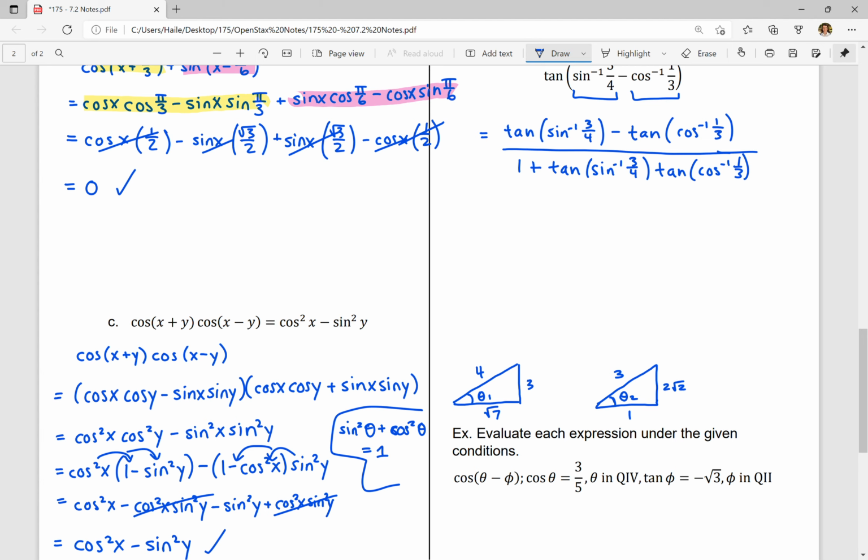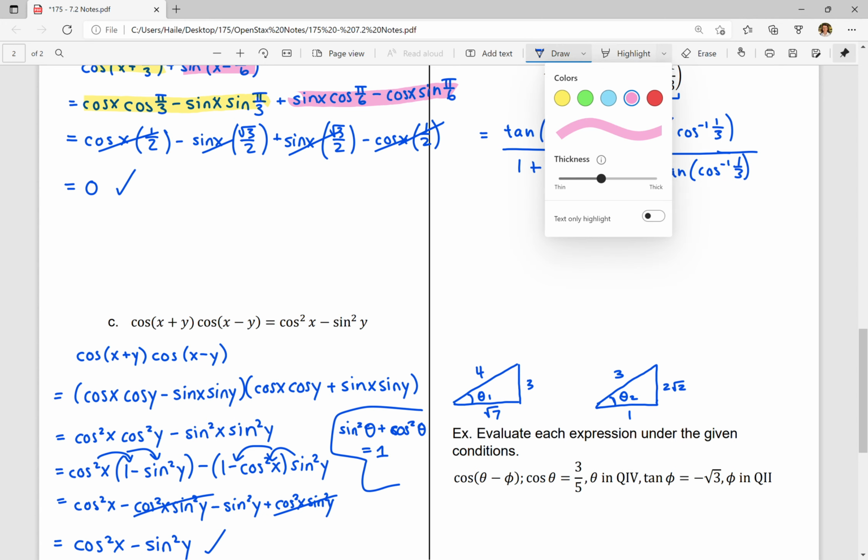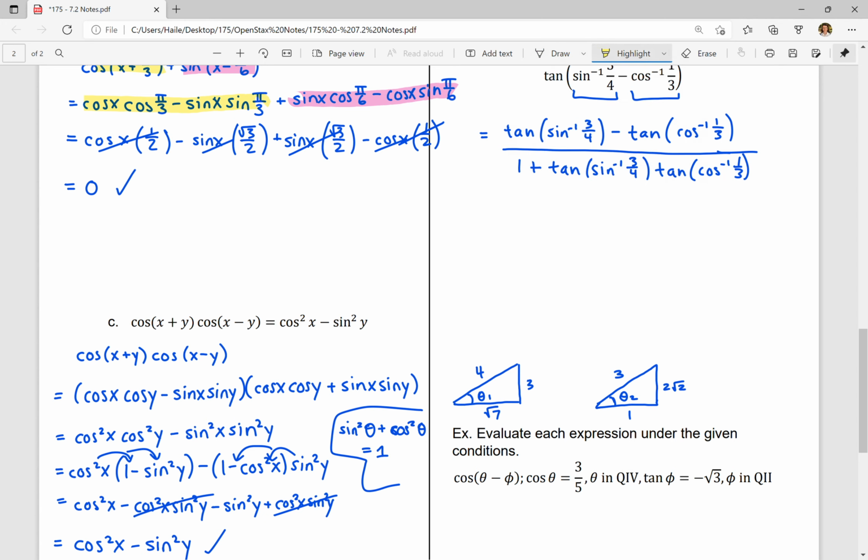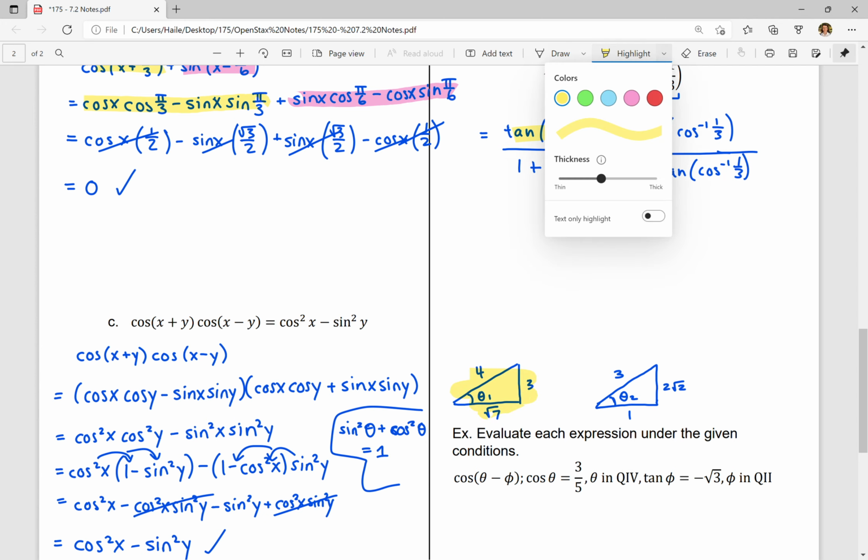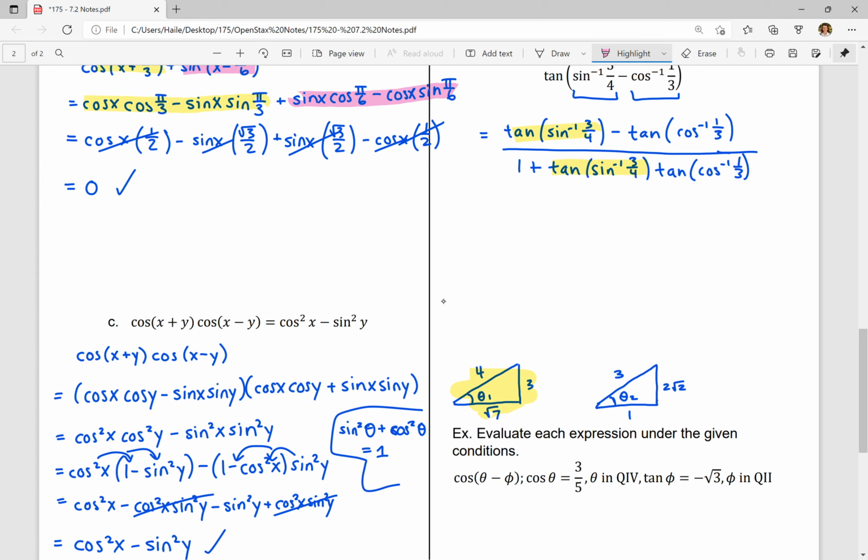Okay, so let's see what we can do with this. Maybe I'll highlight the different parts so you can see which triangle we're using for which piece. So this expression here and this expression here, we're going to use this triangle right here.